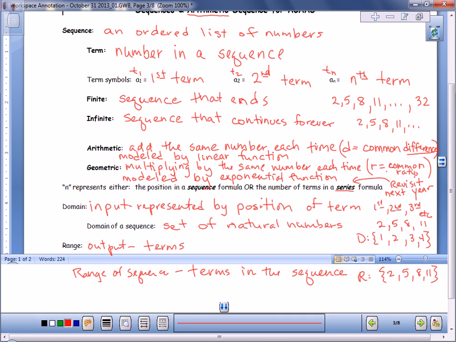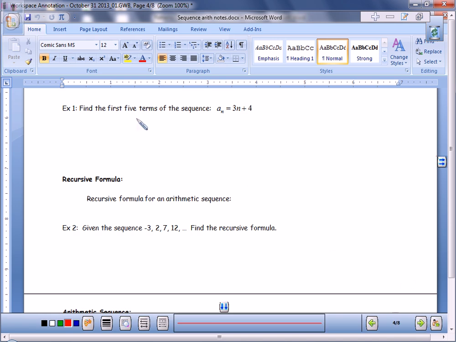All right, so let's find the first 5 terms in this sequence. Now, n represents the position of the term. So if we wanted to find the first term, we would plug in 1. When we plug in 1, what do we get out? 7. So I could think of this as a table.